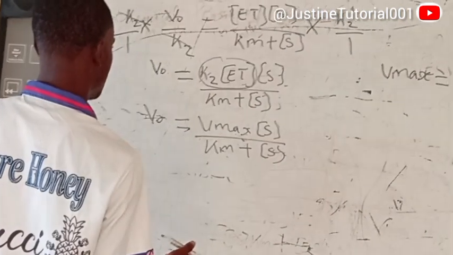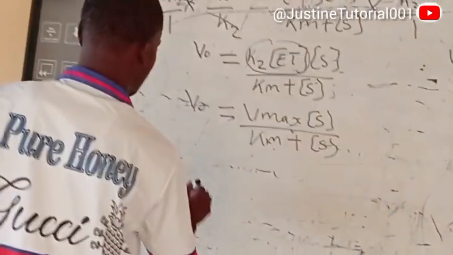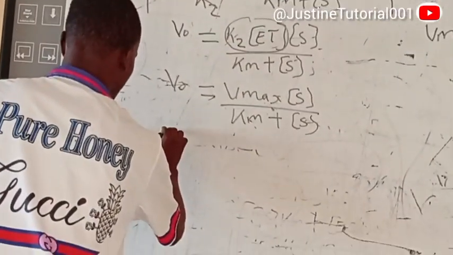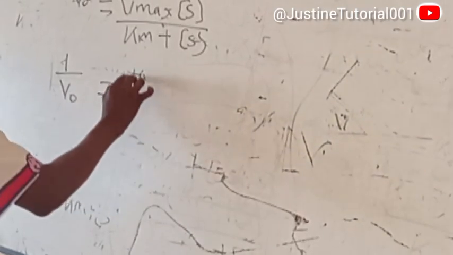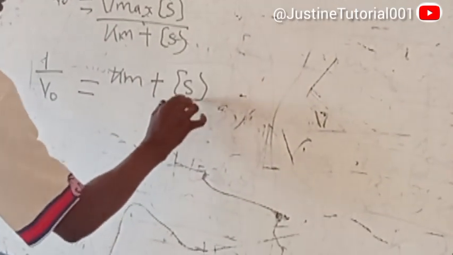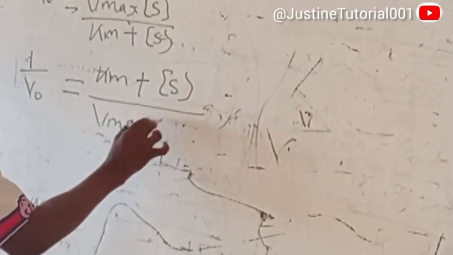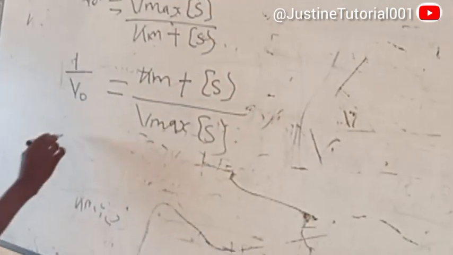In order to invert it to the Lineweaver-Burk plot, you bring this to the upside and bring this down. So it becomes 1 all over V naught equals Km plus substrate all over Vmax substrate.